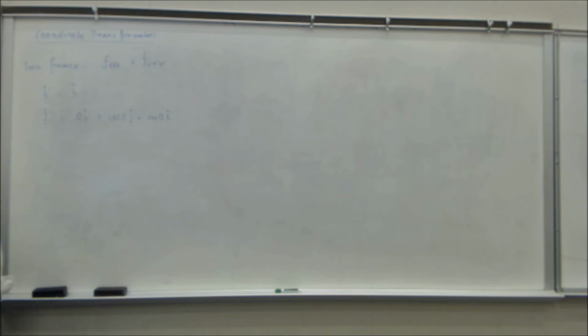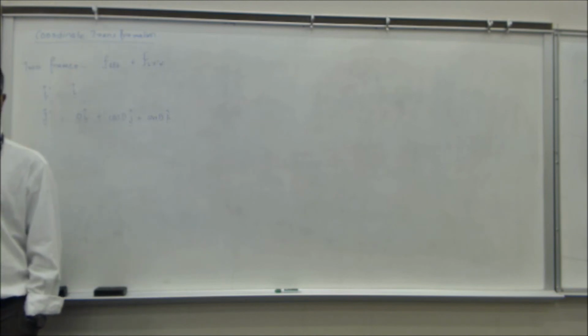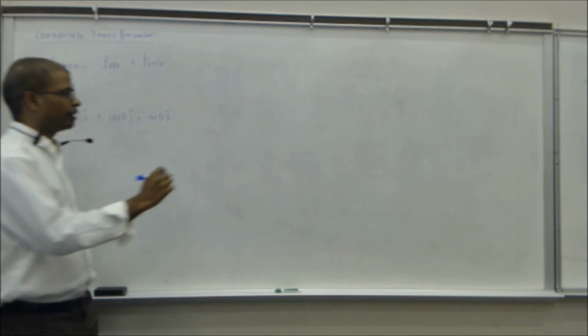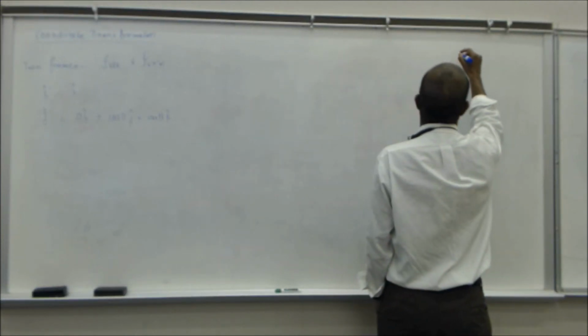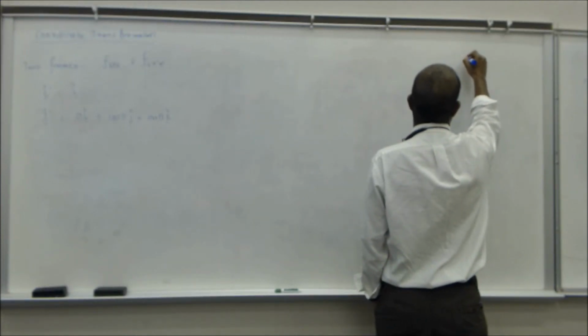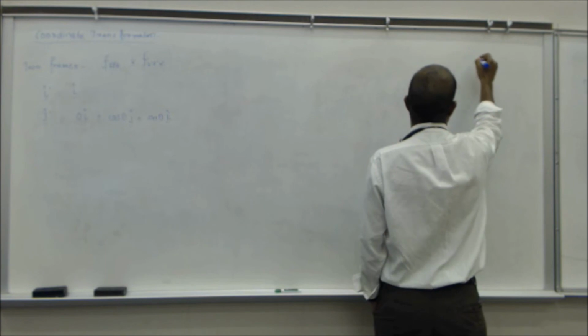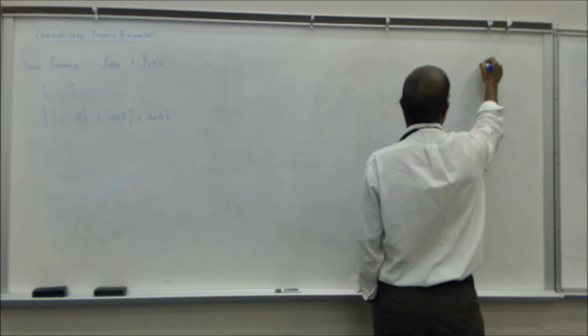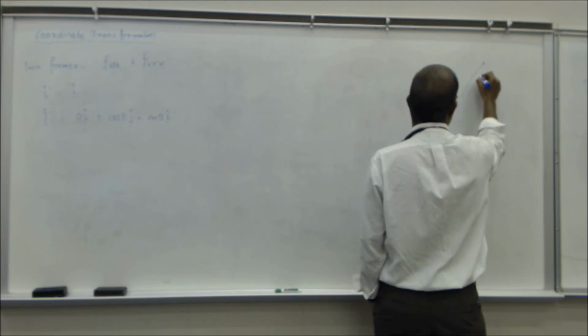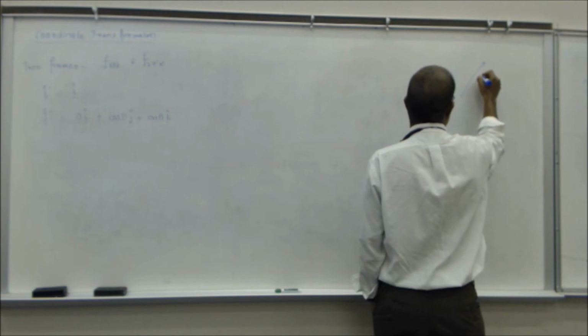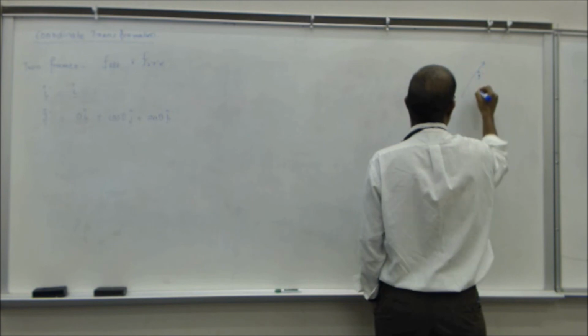Okay. The reason, you realize that just based on geometry, this is essentially j prime cosine theta, right? What does your trigonometry say? So you have this, your j prime.